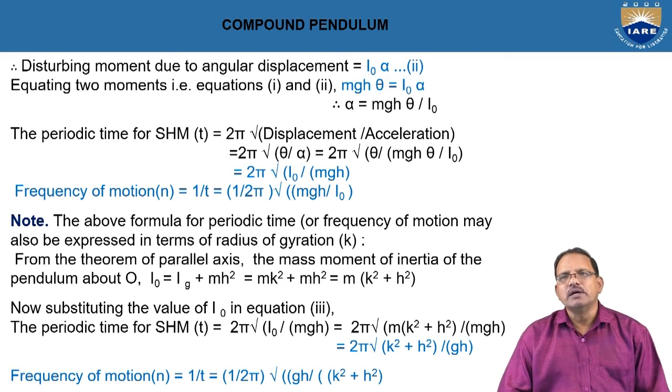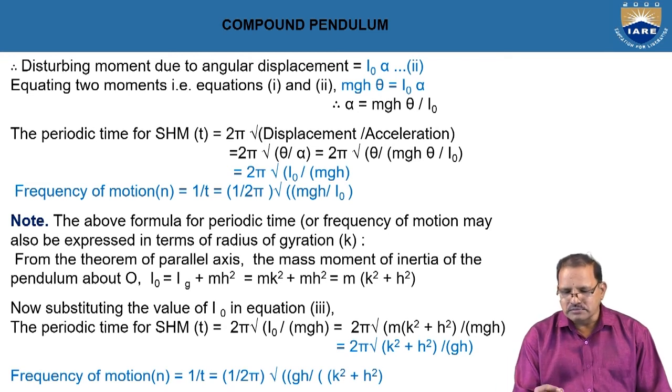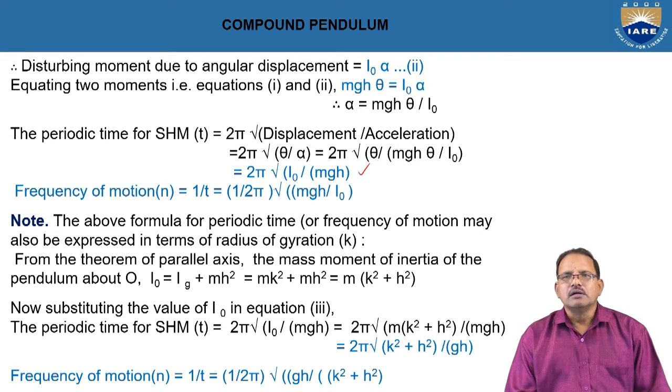Now the time period for simple harmonic motion is given by 2 pi into under root of displacement divided by acceleration, or 2 pi into under root of theta by alpha, which is equal to 2 pi into under root of theta divided by mgh theta divided by I naught. On simplification we got 2 pi under root of I naught divided by mgh.